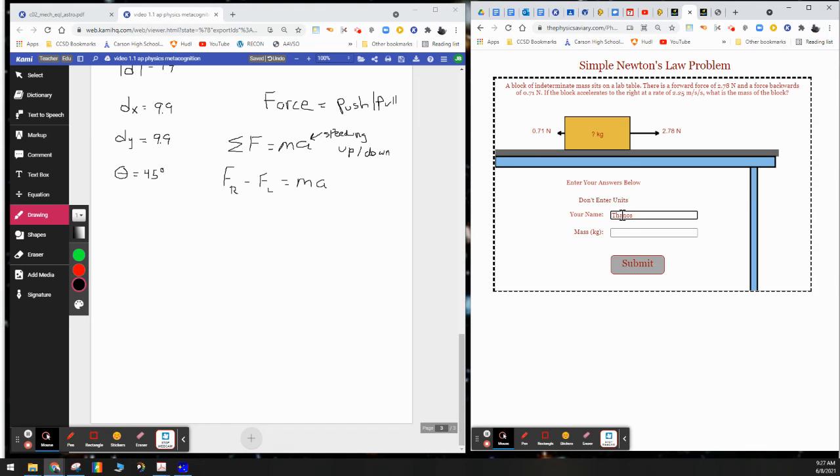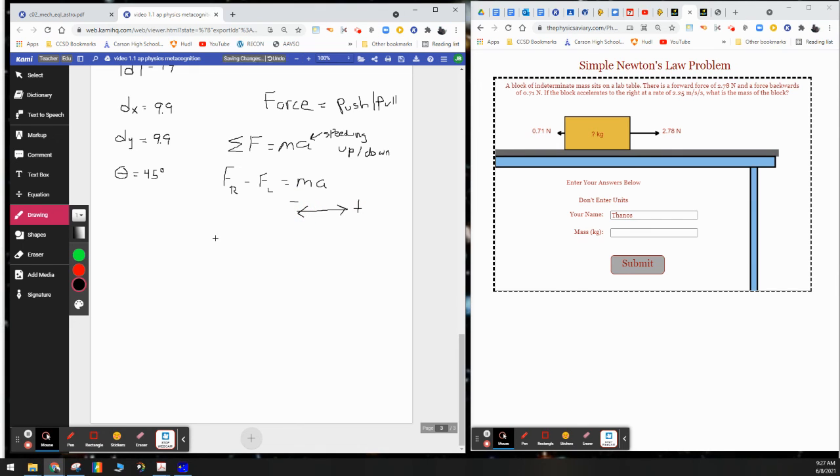Here we have a force going to the right and a force going to the left, and the mass is unknown, but they tell us the acceleration is 2.25 going to the right. What's the mass of this block? Everything going to the right is positive, and to the left is negative.